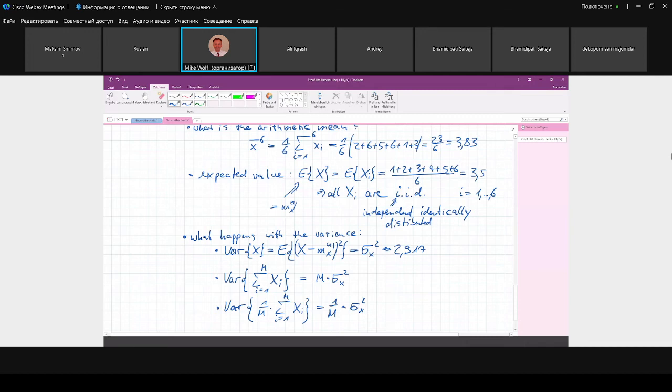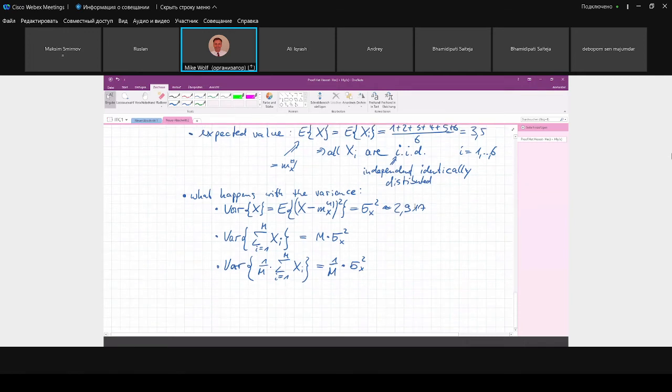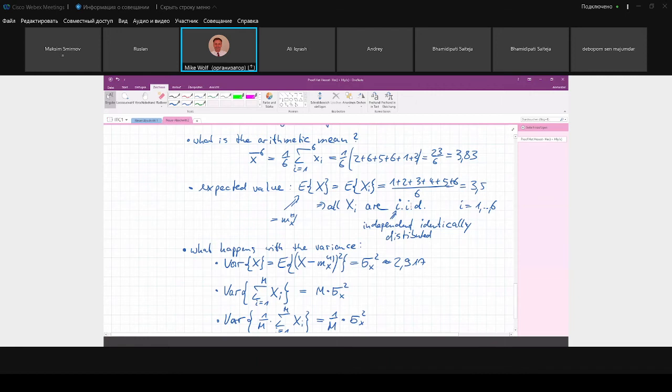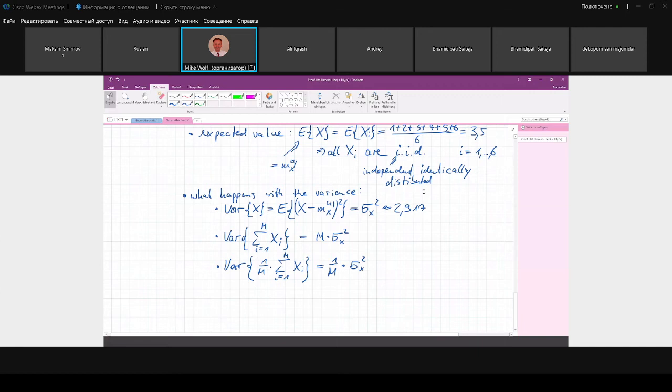So in other words, if I repeat this for this dice, let's say with 1,000 dice throws, the result would be much, much closer to 3.5. It's absolutely unlikely that the result is still, let's say, 3.81 or so. We see this in the picture then.